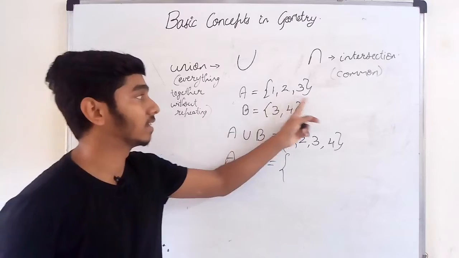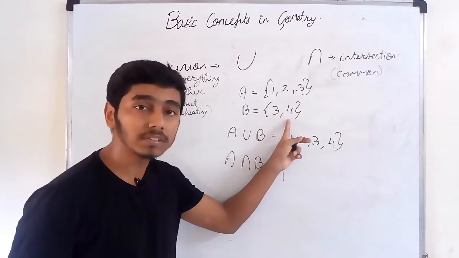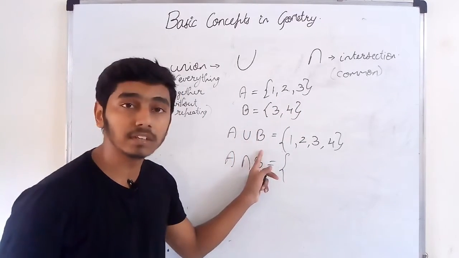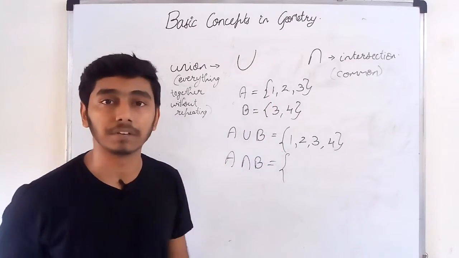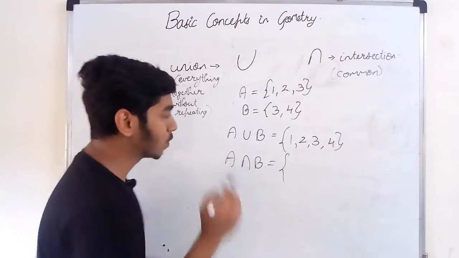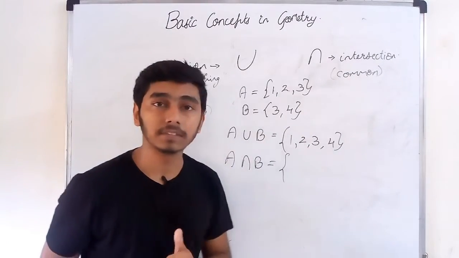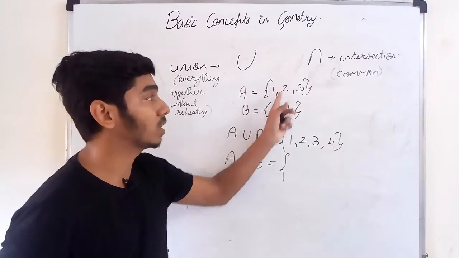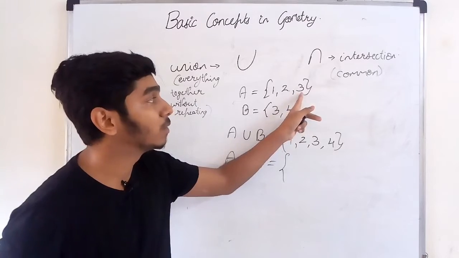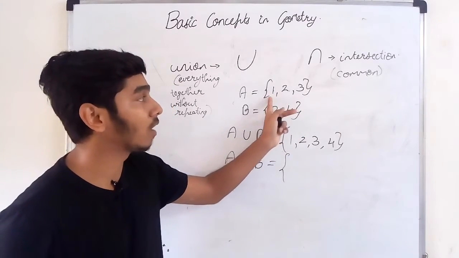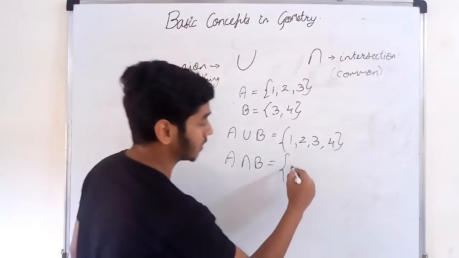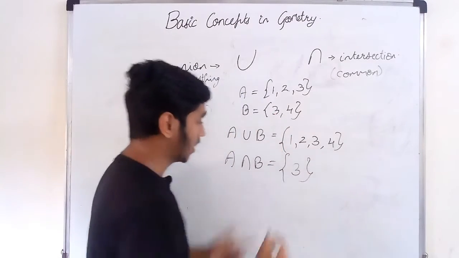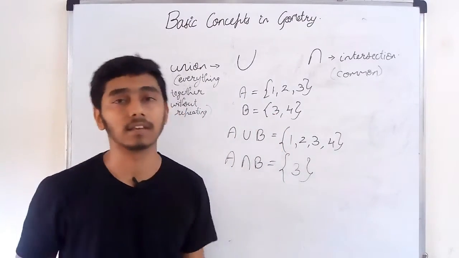In set A there are 3 elements, in set B there are 2 elements. We saw how to find union, writing all of them together without repeating any element. And then intersection is the common elements. From A and B, what is common? The only element which is common is neither 1 nor 2, it's just 3. So A intersection B is 3.